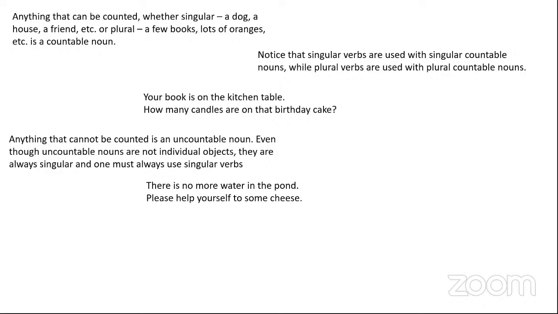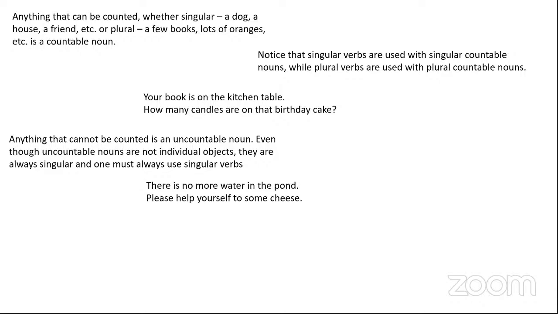For example, please help yourself to some cheese. Here cheese, butter, curd, these are all uncountable nouns. You cannot count them. So the verb here is help, you cannot write helps. You cannot make the verb plural. It has to remain a singular verb. So what is the difference?